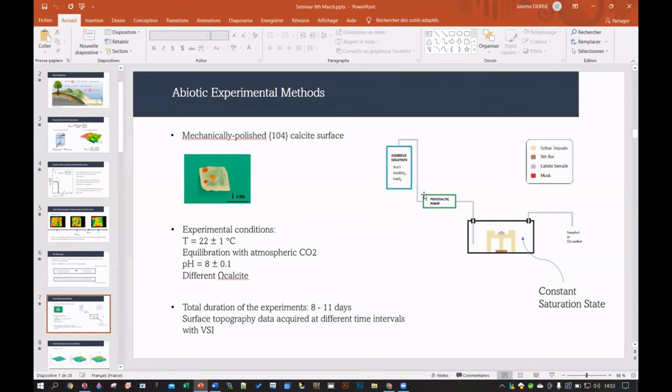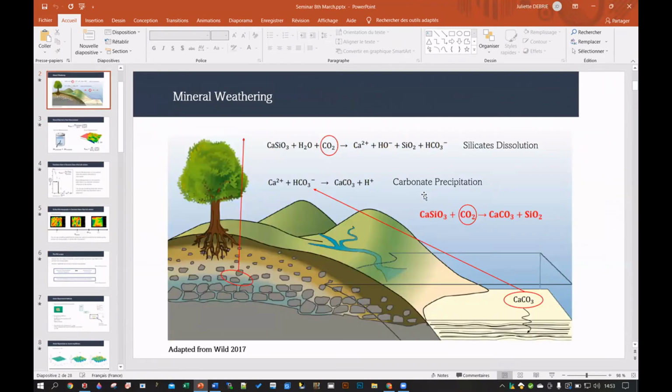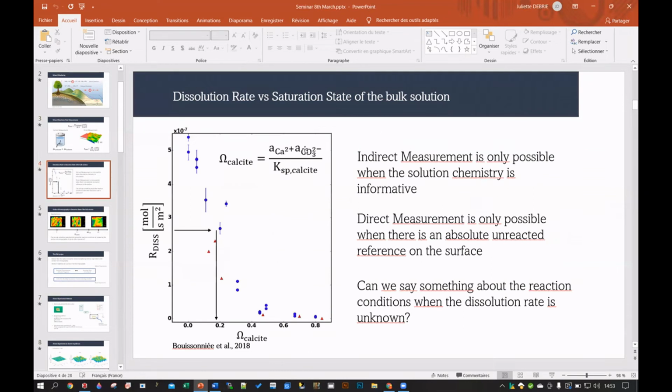The sodium chloride concentration was very high, and the idea is that we could change the saturation state with respect to calcite while maintaining the same pH, by only changing the concentration of calcium chloride. By doing so, the pH wasn't changing.